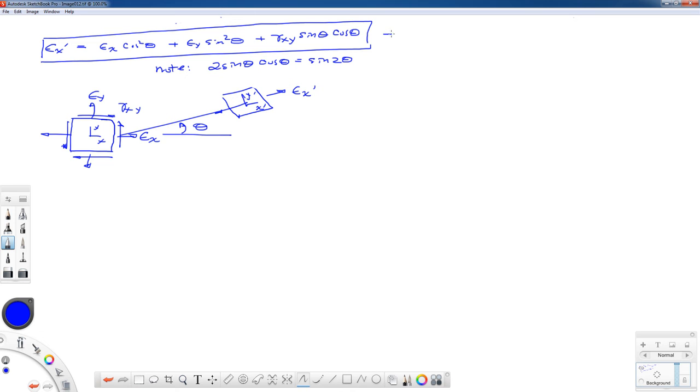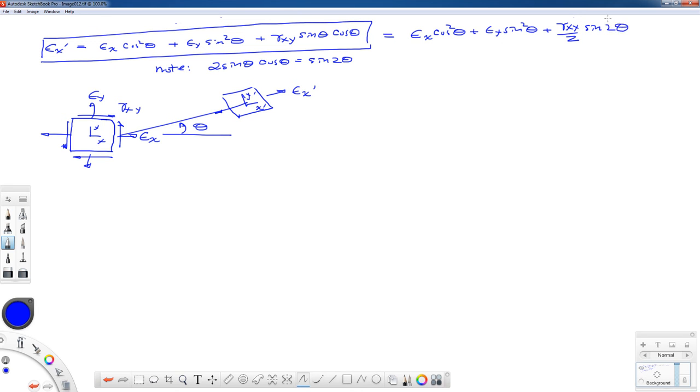When I do that for that last term, I will end up with a gamma xy over 2 times the sine of 2 theta.